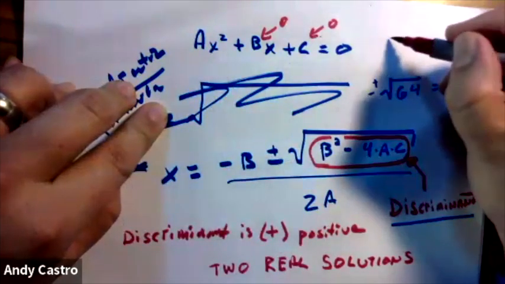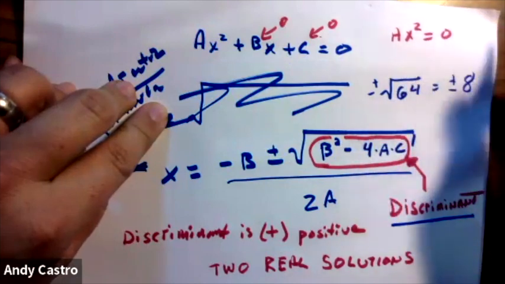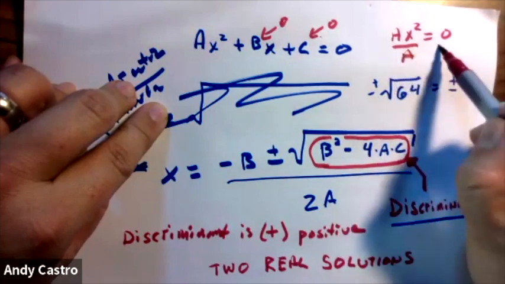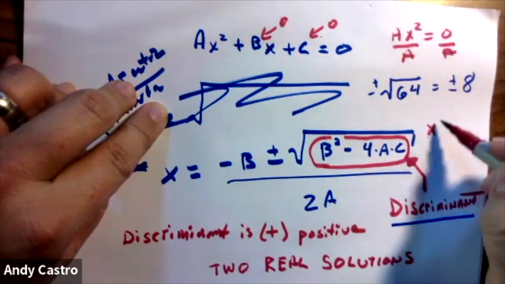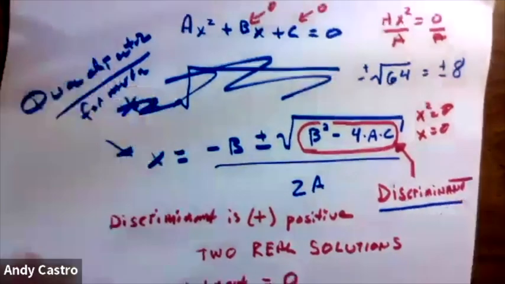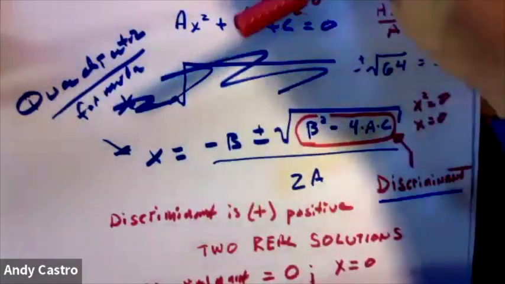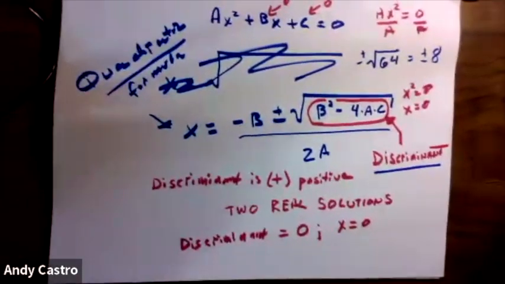And in that case, if you have A times x squared equal to 0, well, if you divide both sides by A, 0 divided by A is just 0. X squared is 0, meaning x has to be 0. So if your discriminant is 0, that means your x is equal to 0. Okay? But there's one more solution.